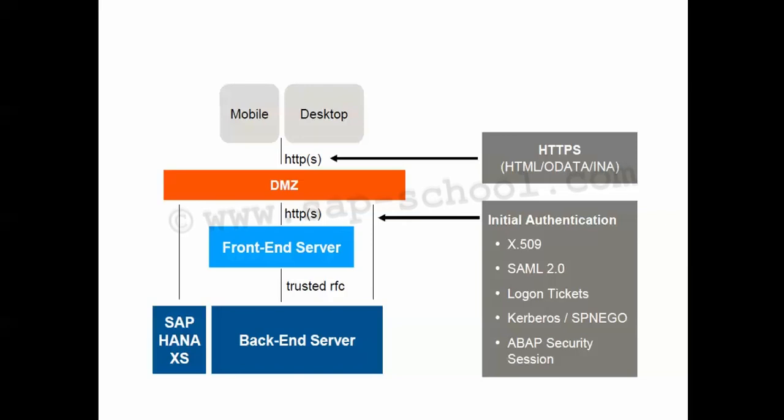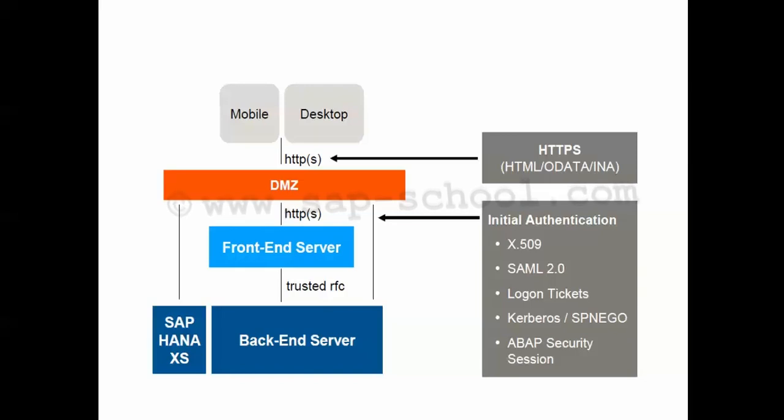When a user launches an SAP Fiori application, the launch request is sent from the client to my ABAP front-end server by the SAP Fiori Launchpad. During the launch, the ABAP front-end server or the gateway server authenticates the user by using an authentication mechanism or single sign-on mechanisms.